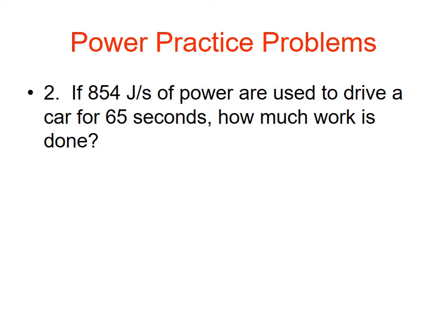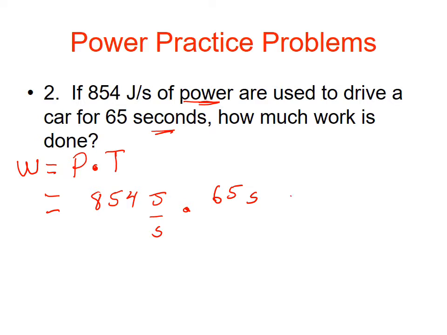Number 2, it says 854 joules per second of power are used to drive a car 65 seconds. How much work is done? So on this one, now you have to watch the type of work equation you're going to use. Since you have power and time, you're going to use the equation that work is equal to power times time, which would be 854 joules per second times the time of 65 seconds.